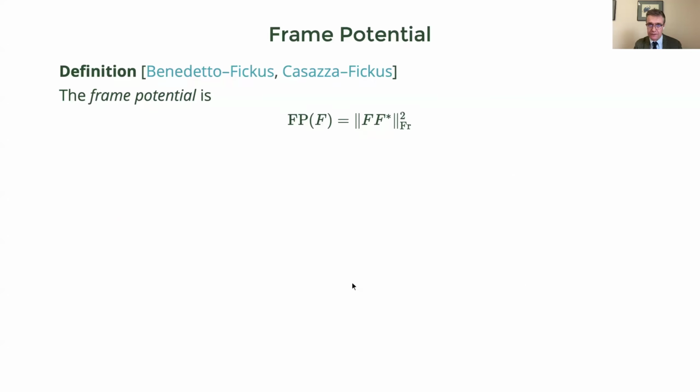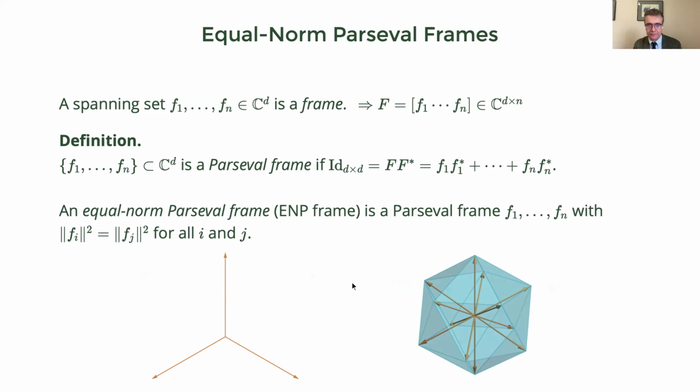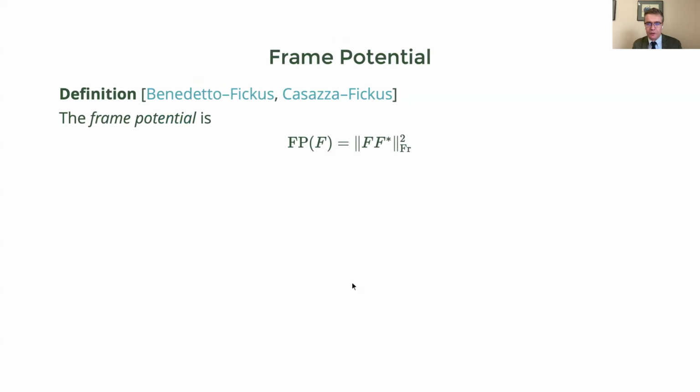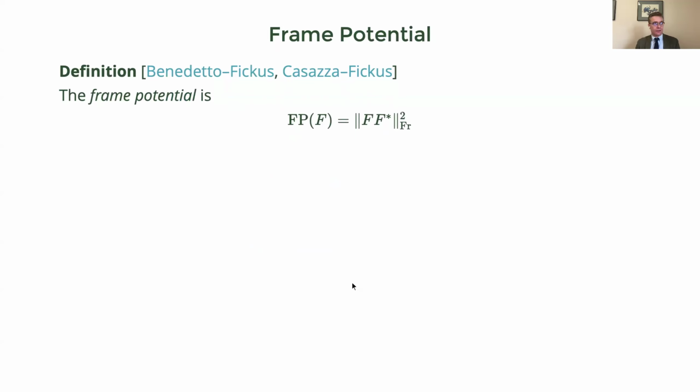All right, and I'm going to just pretend that everybody believes that these are things that you should like and be interested in and that are useful for certain problems, and move right along to thinking about loss functions or potentials. There is a very nice function called the frame potential that goes back quite a ways, where you take the squared Frobenius norm of the frame operator.